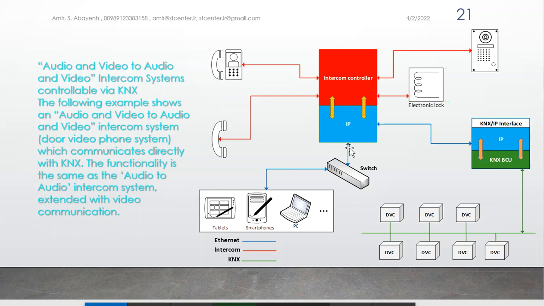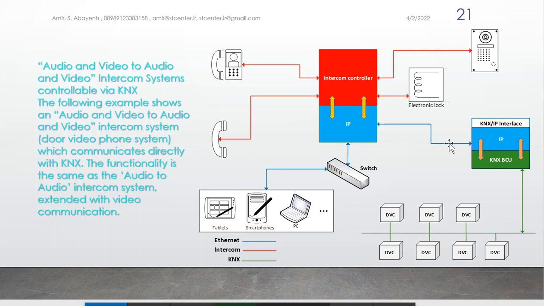Here you can see we have the intercom controller with the IP interface. The intercom controller is going to communicate the audio and video between the outdoor station of the intercom and the indoor station of the intercom. Okay. Also, this intercom controller is going to lock and unlock the door. But it has the IP interface. The IP interface is connected to the switch. Okay.